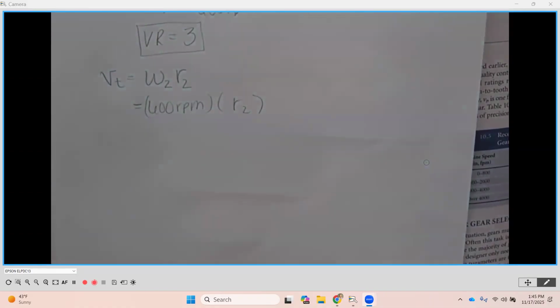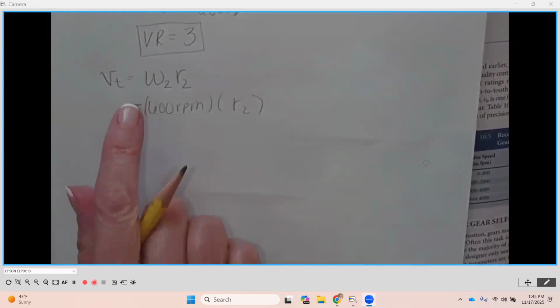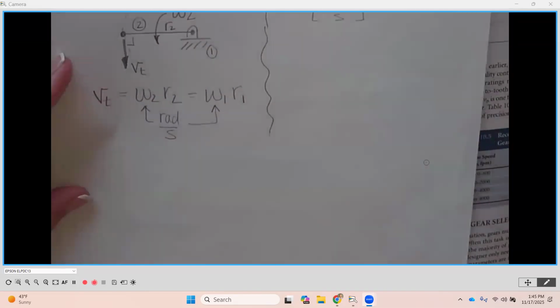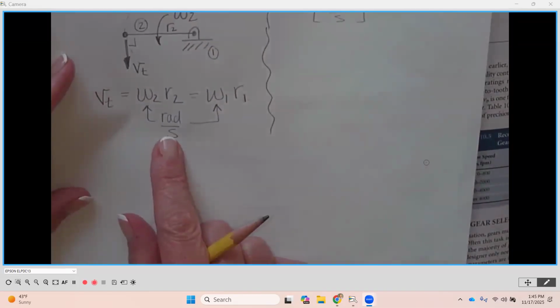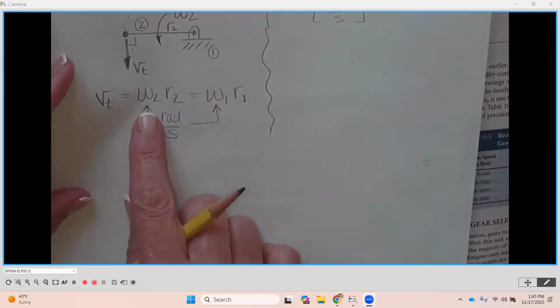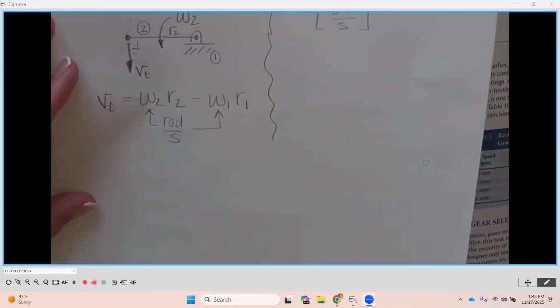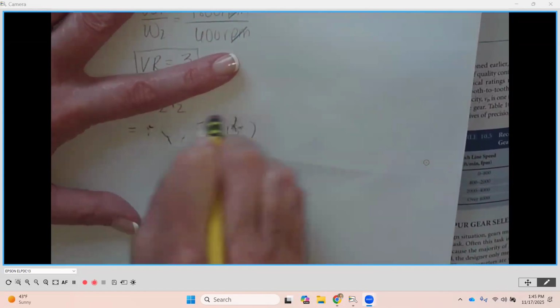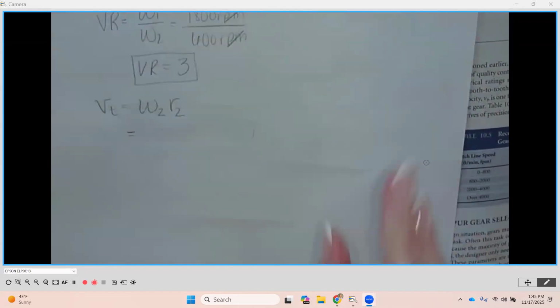Is that correct? No. Why is it not correct? Wrong units. The wrong units, exactly. Remember, in and out of this equation, and I think we have that right here, we need radians per second, right? So number one, we have to convert W2, the 600 RPMs, to radians per second. So luckily I used pencil, okay?